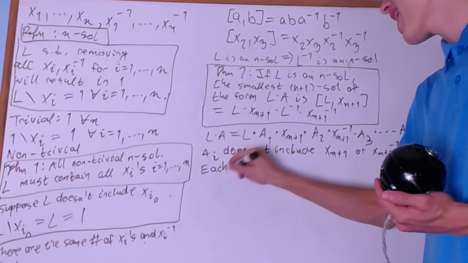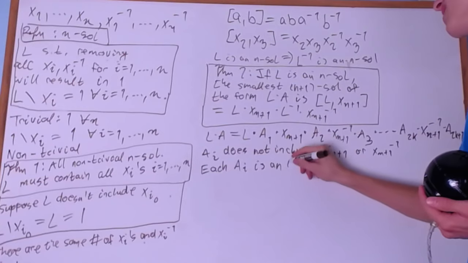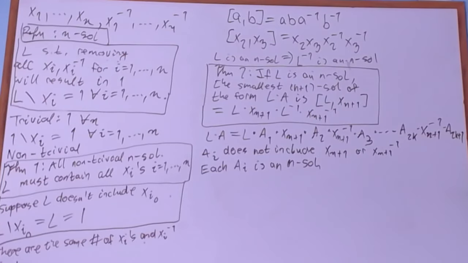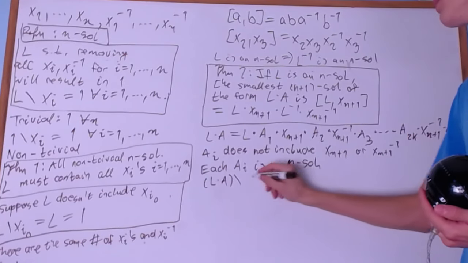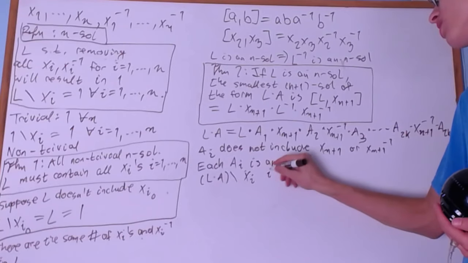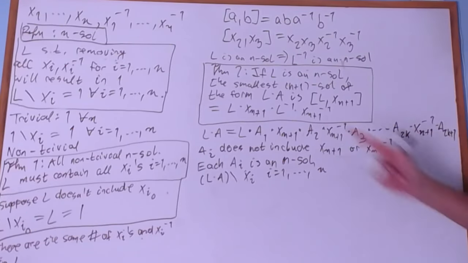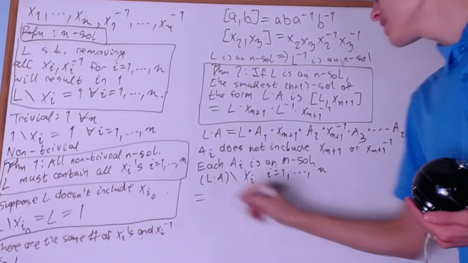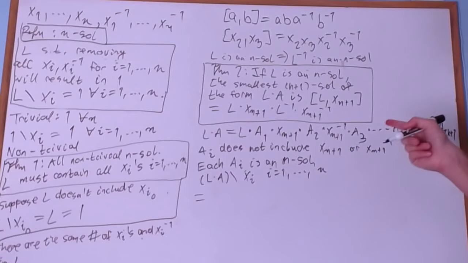So here is a fact. Each AI is an n solution. Why is that the case? Well, let's go ahead and do L times A, removing xi, and this is for i equals 1 to n. So this way it is not xn plus 1. What is this going to give us? Well, we know that L is an n solution by the hypothesis of the theorem.